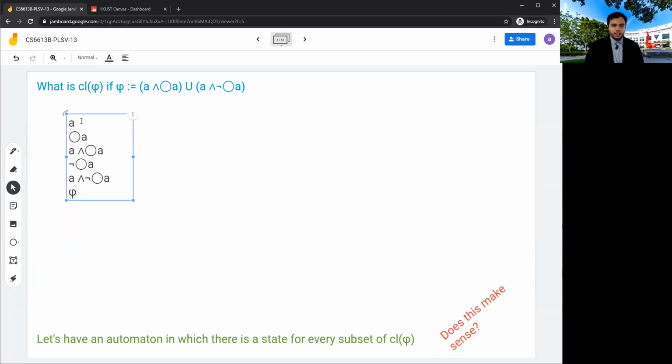So you have A, and you will also have negation of A. You have next A, so you should have its negation. Well, you already have it here. You have A and next A, so you should have its negation. So just take the negation of this formula.